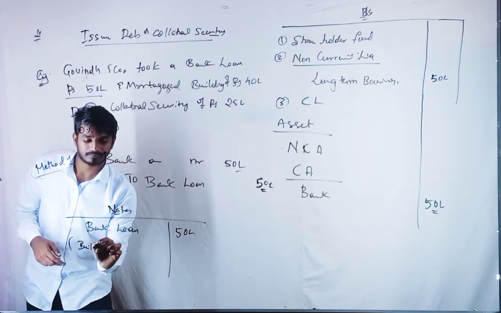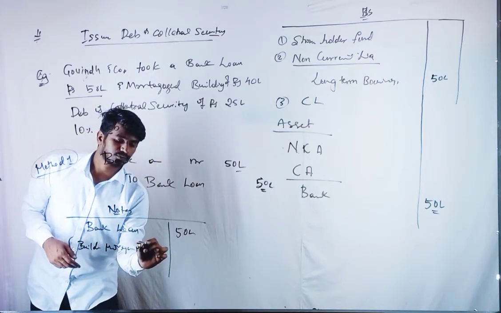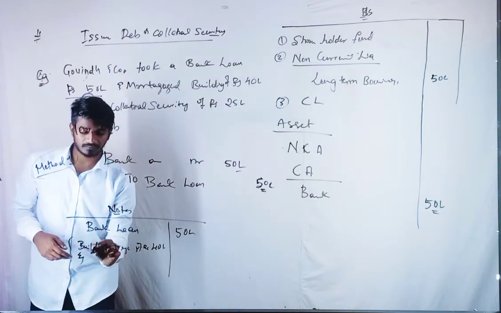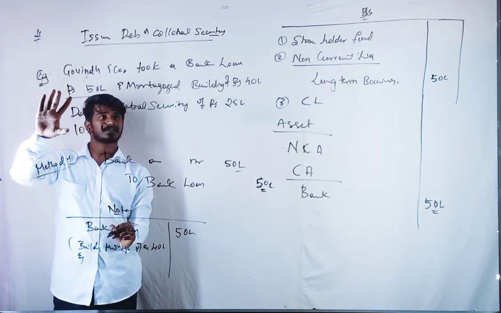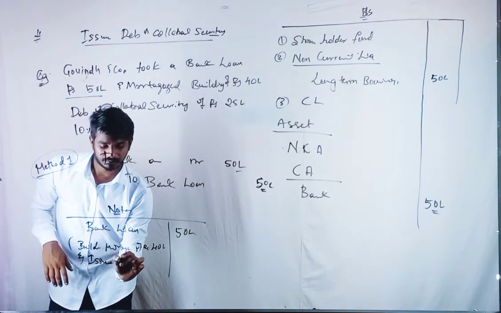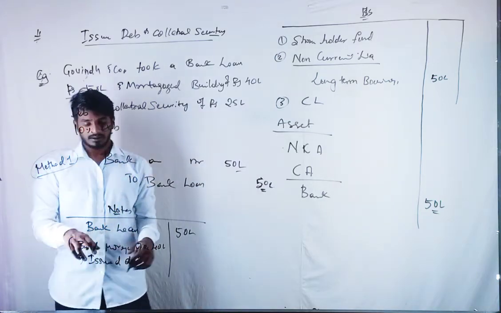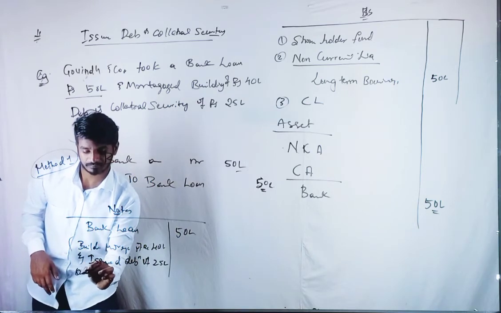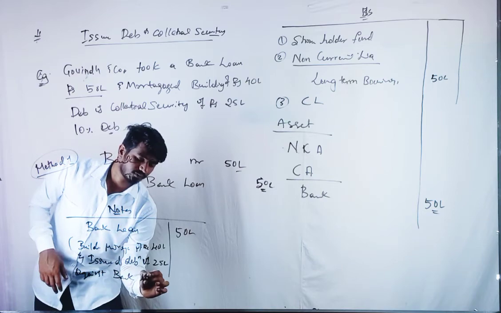Building mortgaged of rupees 40 lakh, we will show it as mortgaged building, and issued debentures of rupees 25 lakh against bank loan.